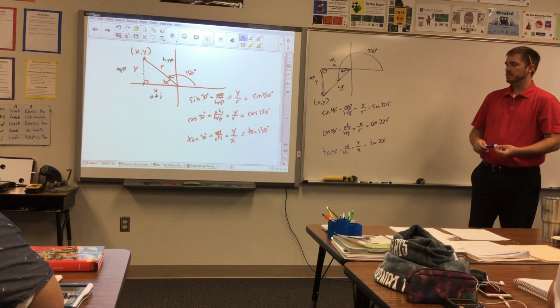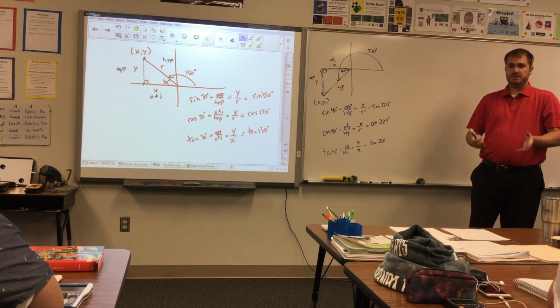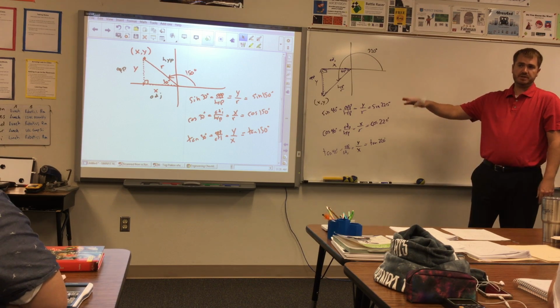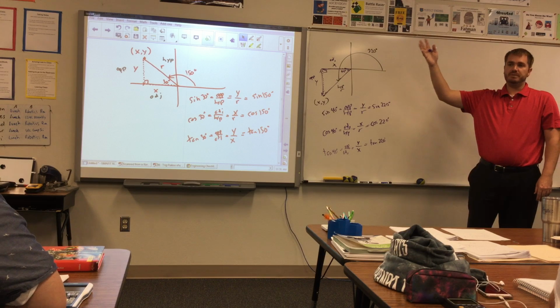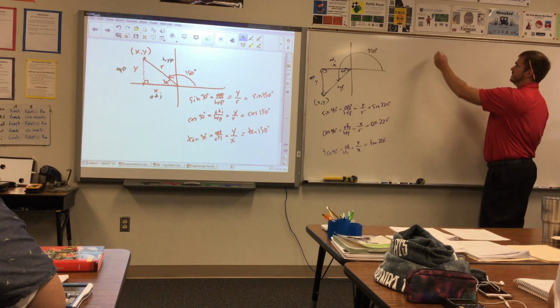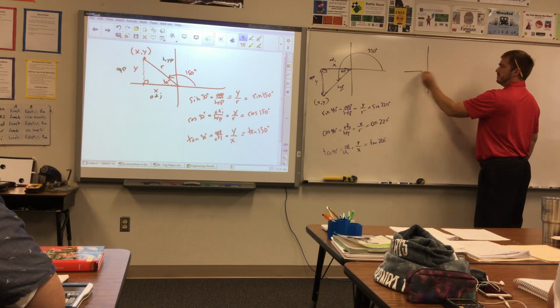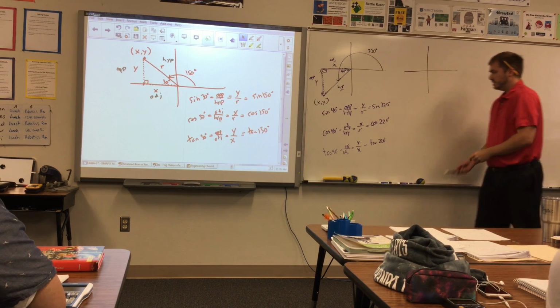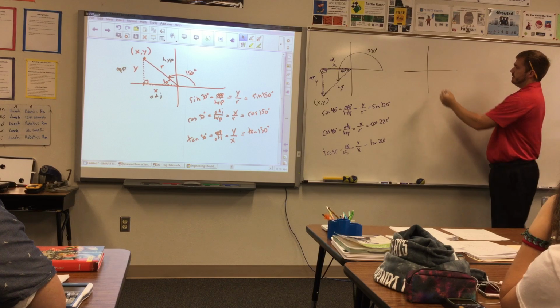Okay? But we need to be consistent here. We're going to check it for the fourth quadrant, and then we're going to go back and check it for the first quadrant, make sure everything's 100% backwards compatible. So what's an angle here in the fourth quadrant?